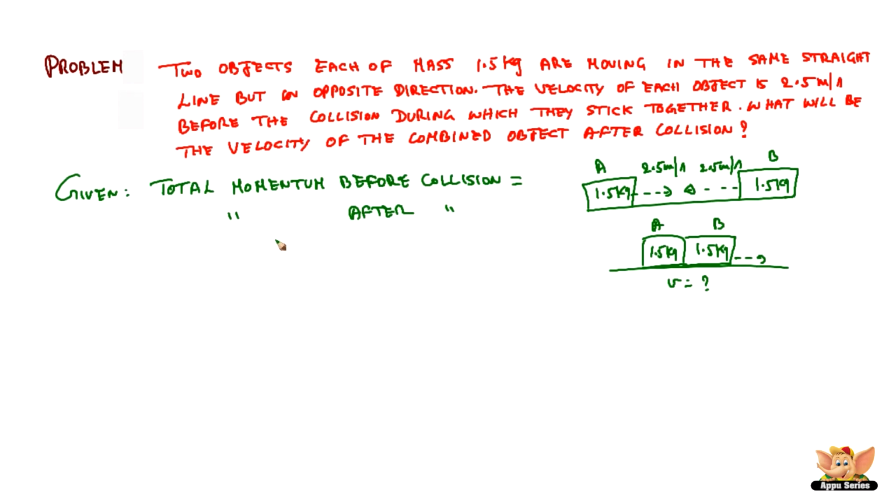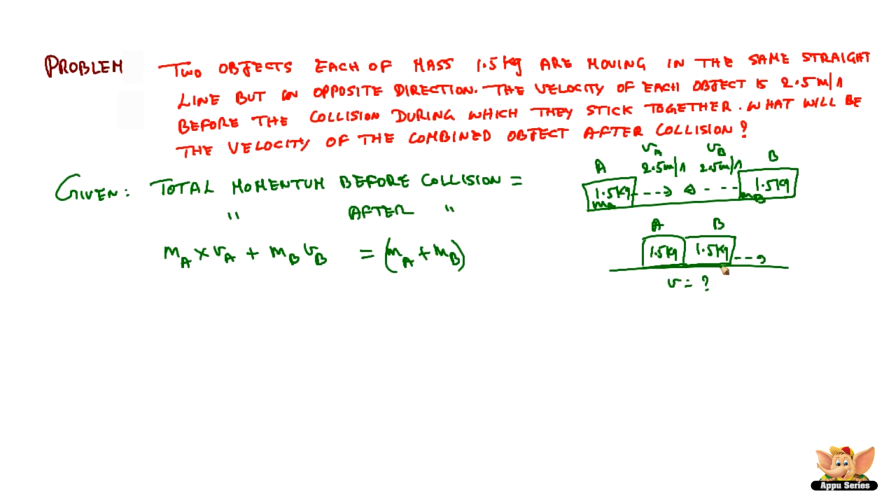So total momentum before collision, for the object A, we'll say mass as ma and velocity is va, and for B, mb and vb. So ma into va plus mb into vb is equal to the total mass ma plus mb.